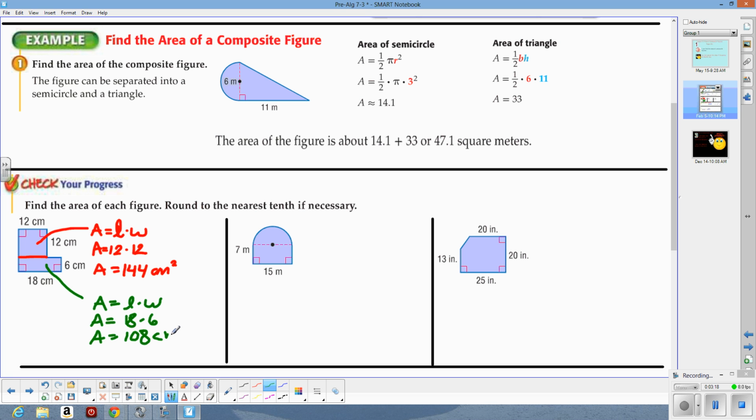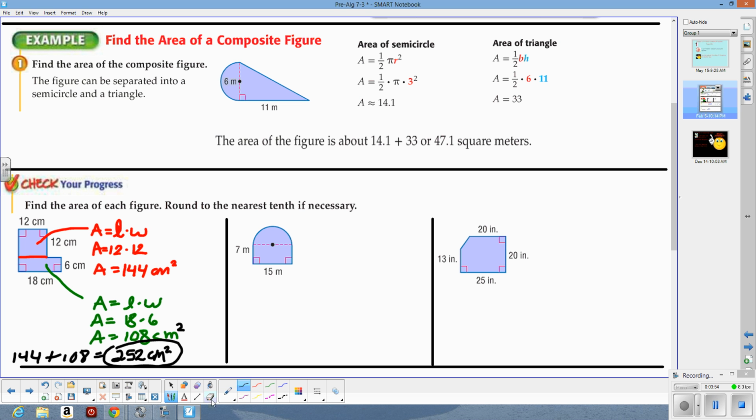And now to find the total area of this figure, you're going to add these two areas together. So 144 plus 108. That's 252 centimeters squared. I forgot the squared on this label up here as well.